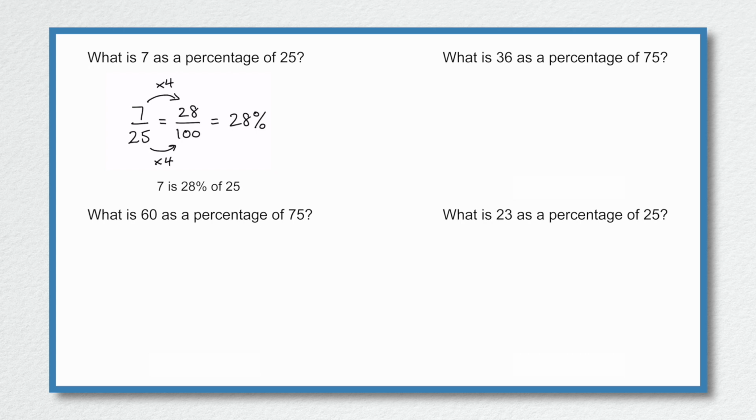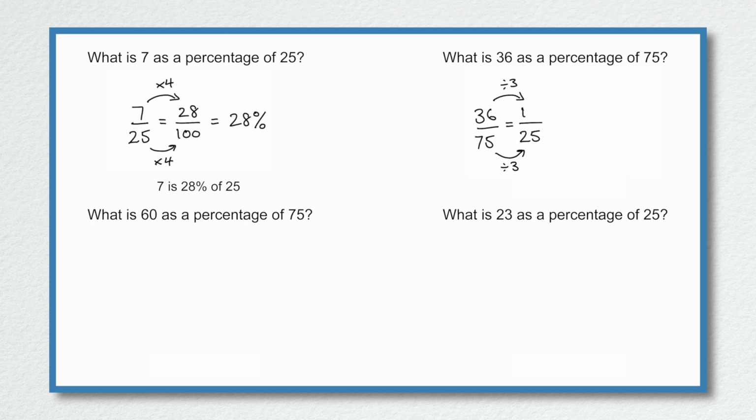What is 36 as a percentage of 75? Again, we write this as a fraction, so that's 36 over 75. So we need to write this as something over 100. It's not so straightforward. So the approach that I would be using is, well, if I divide 75 by 3, I end up with 25, which means I have to divide the numerator by 3.